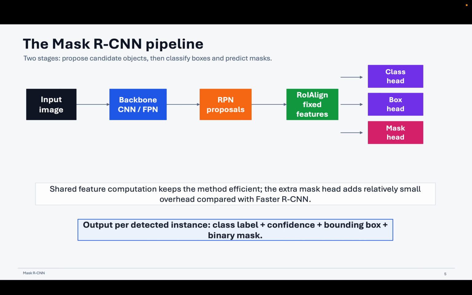Then the second stage has parallel heads. The class head predicts the object category. The box head refines the bounding box, and the mask head predicts the pixel mask. The output for each detected instance is therefore a class label, a confidence score, a box, and a mask.